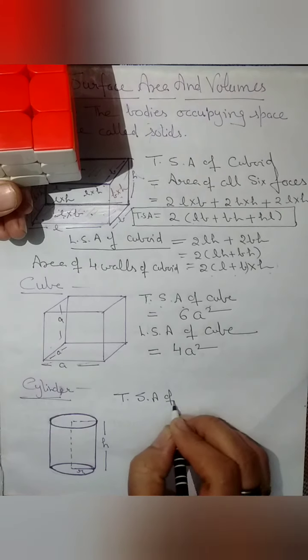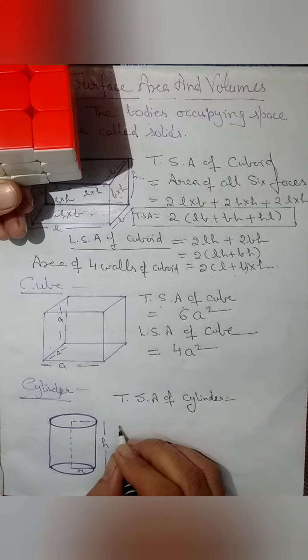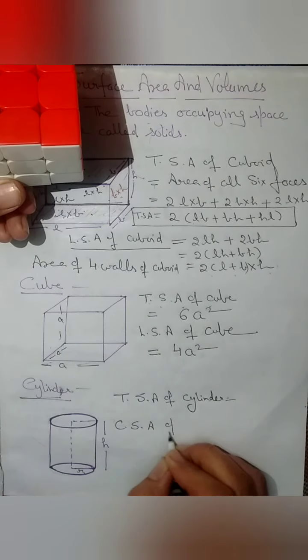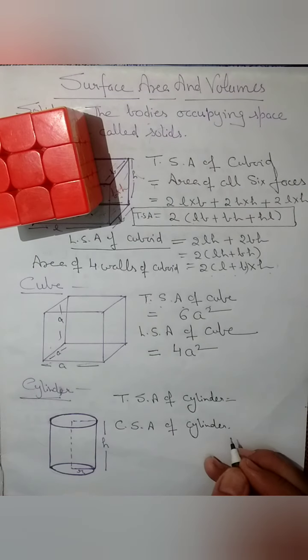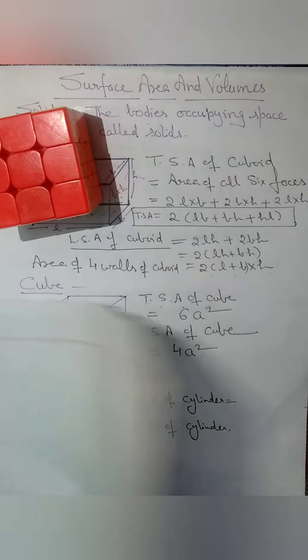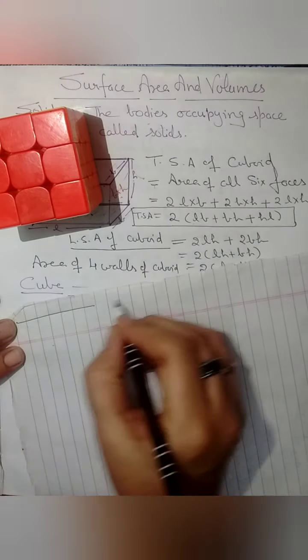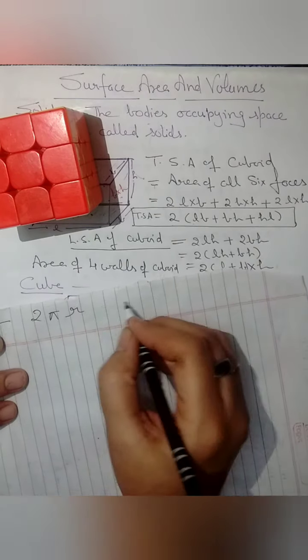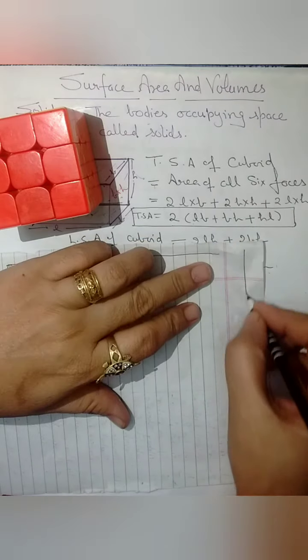Now for cylinder, total surface area of cylinder and CSA of cylinder we'll discuss. Now suppose we have to find total surface area of cylinder, then suppose this is a rectangle of length 2 pi r and its breadth is h.